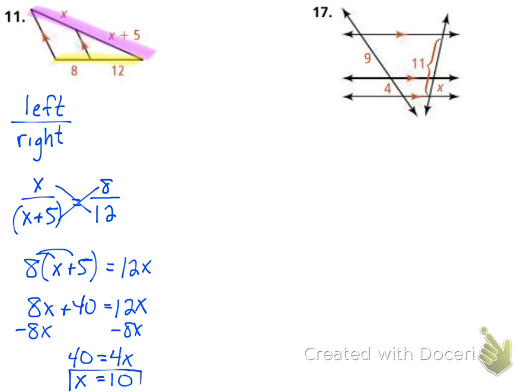The same thing can be done with this second one. Again, I've got three parallel lines. They're going to be proportional. We're going to cut the two lines that I just highlighted there proportionally.